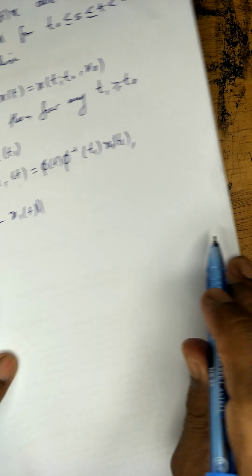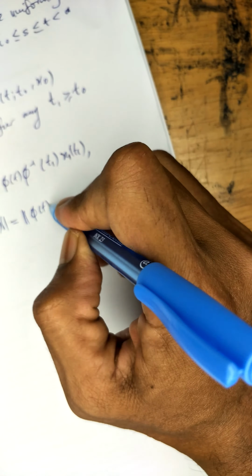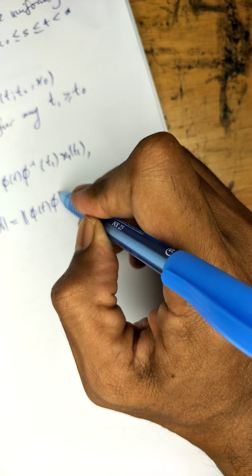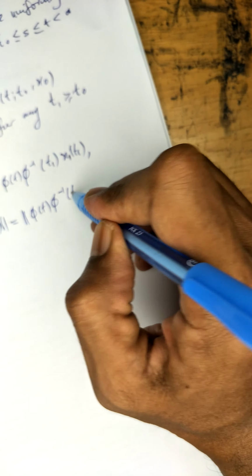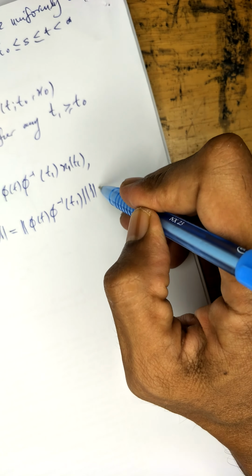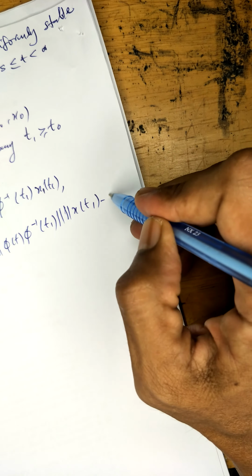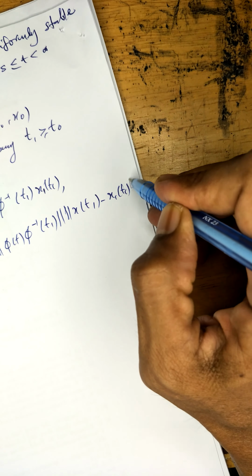This equals phi(t) phi inverse(t1), which we factor out, and what is left is x(t1) minus x1(t1).